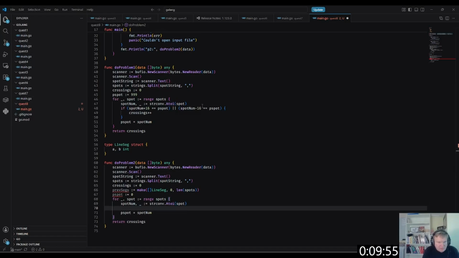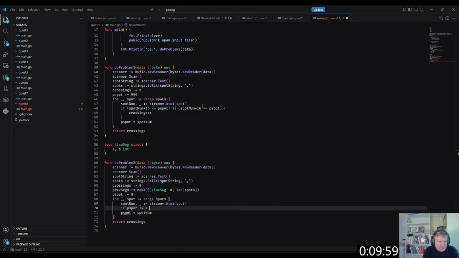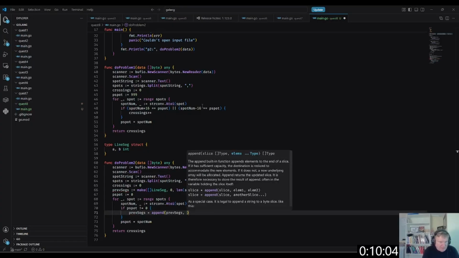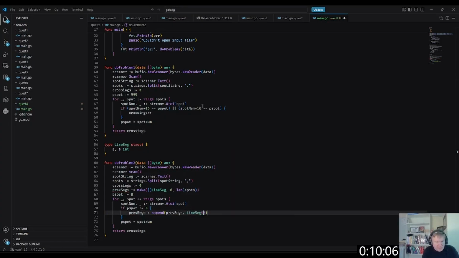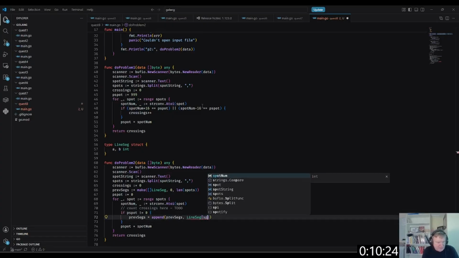Okay, so if p spot not equals 0, then prefix append line seg. Okay, so first here, I'm going to do that in a moment. 0 line seg p spot spot num.